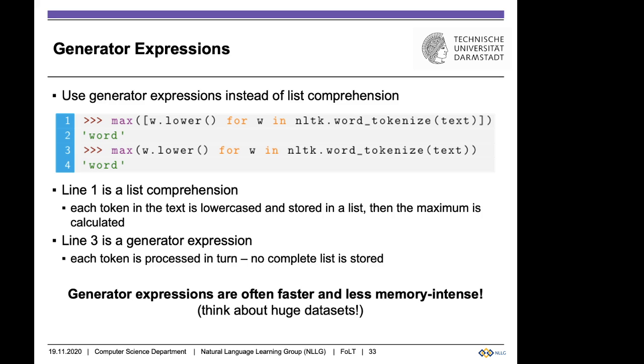In Python, we have two coding options, which are called generator expressions and list comprehensions. In line 1, we can use what is called a list comprehension to get all the elements of a given list in the first place. Then we can call the max function to get the result.